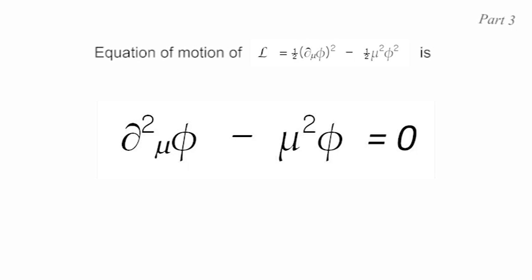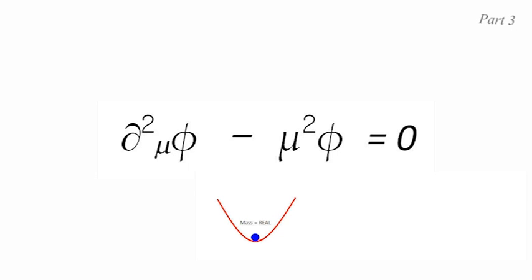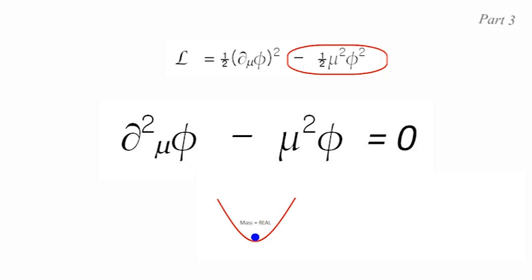The field, if you like, will wobble, or rather oscillate, if disturbed, just like the spring oscillated when it was disturbed. Once again, you can think of the motion of the field, if I can use that word motion when talking about a field which is changing, as being a bit like a ball rolling in a U-shaped potential cup or potential well. If the sign of phi squared in the Lagrangian is negative, as it is here, then the system is perfectly straightforward.